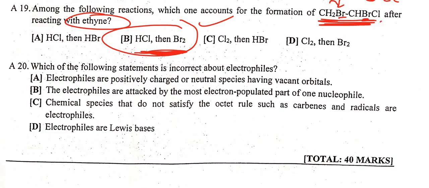Then the last one, they're saying, which of the following statements is incorrect about electrophiles? So electrophiles are electron deficient species because these guys are positively charged, right? They want electrons, they want to bond with something. They attack the electron rich parts of the molecules.